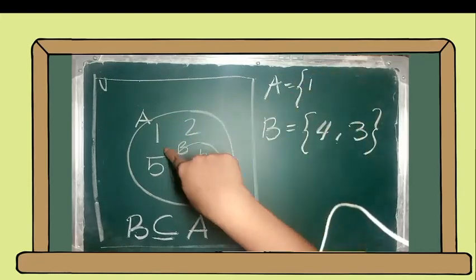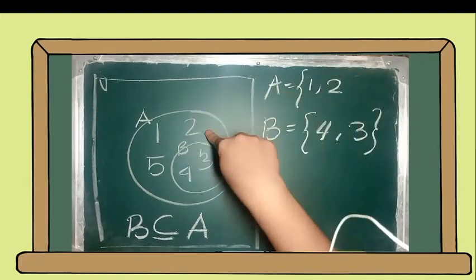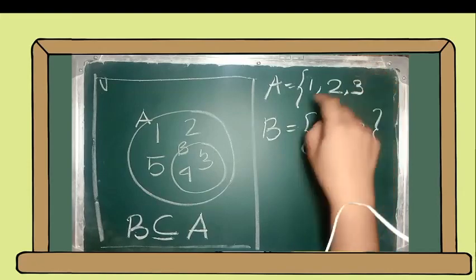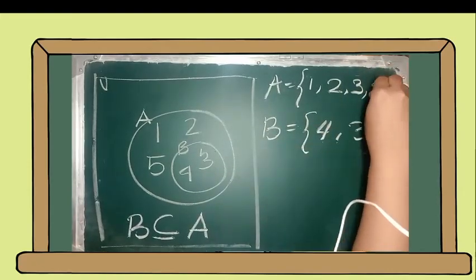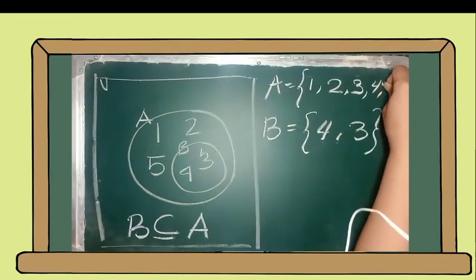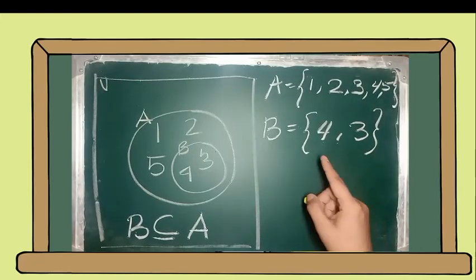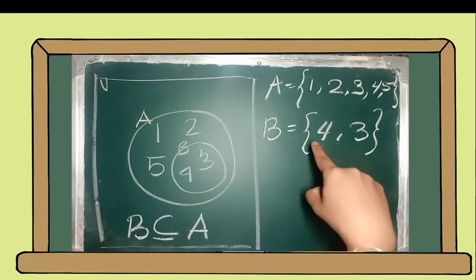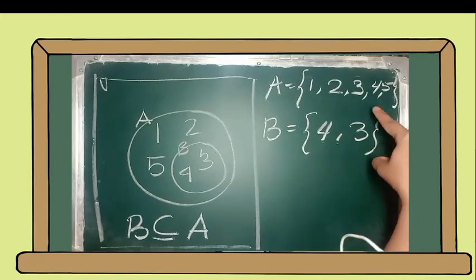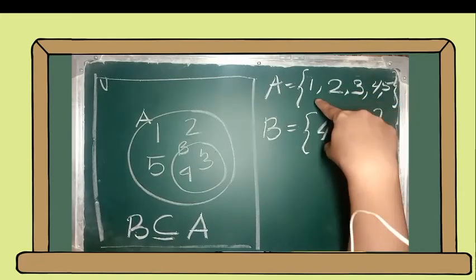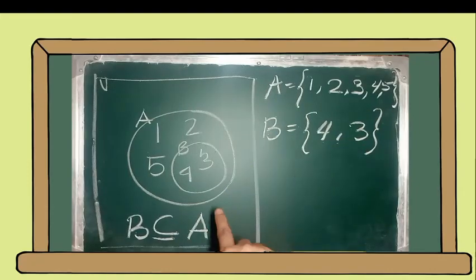So, 1, 2, 3, 4, and 5. So, mapapansin natin na ang elements ni B na 4 and 3 ay makikita natin kay A. So, ibig sabihin, tama nga yun na si B ay subset ni A.